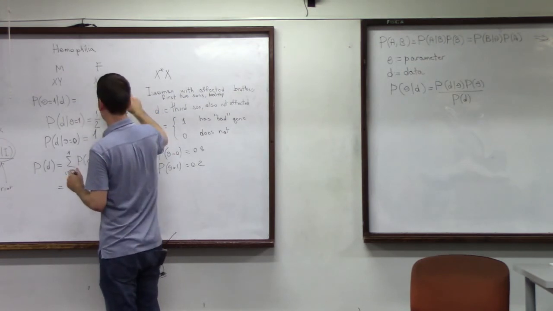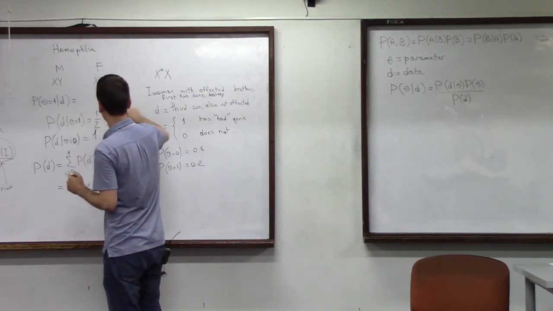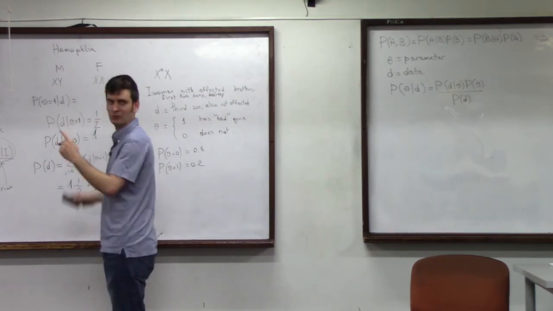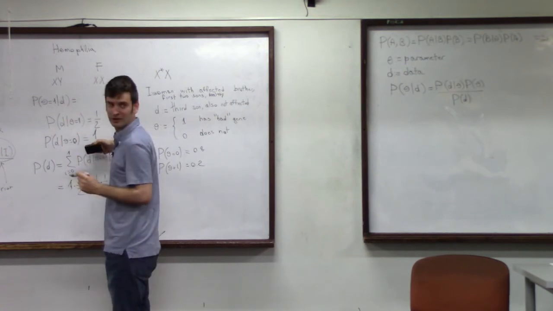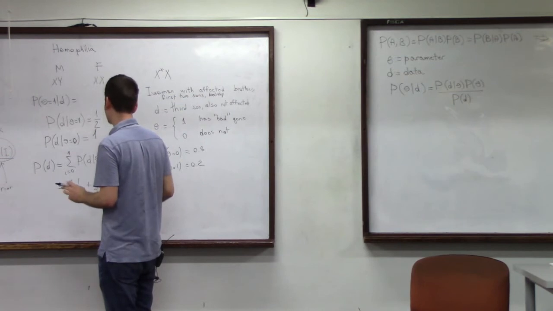So with the new data, this is 1/2 because there's only one new son. This is still 1. If she's healthy, the son is healthy for sure.